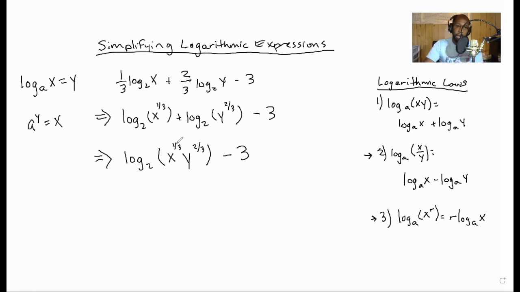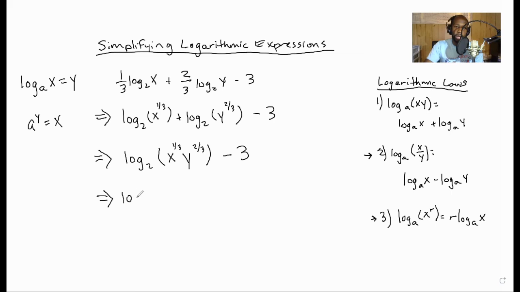Now, if you remember how roots work, then x to the 1/3 is the same thing as the cube root of x. And y to the 2/3 is the same thing as the cube root of y squared. So you can combine these even further.